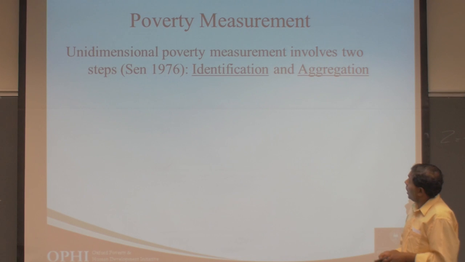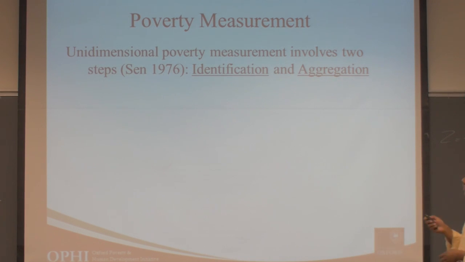Okay. So the unidimensional poverty measurement involves 2 major steps after you have chosen your space, by the way. You have to choose your space, whether it is income, consumption, whatever you choose. Then it involves 2 major stages, following Sen's seminal article in Econometrica: identification and aggregation.